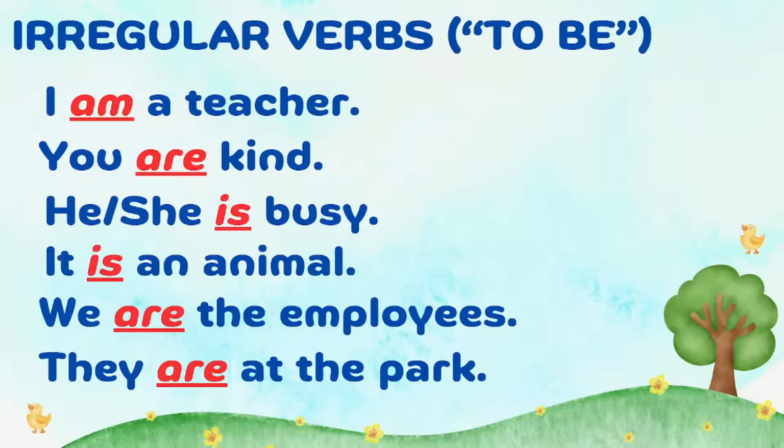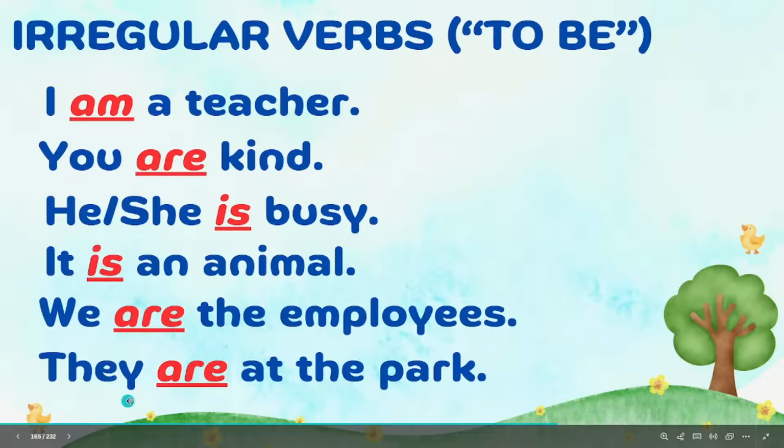So here, as you can see in the sentence, we have I, you, he or she, and it, and we, and they. What are these words?